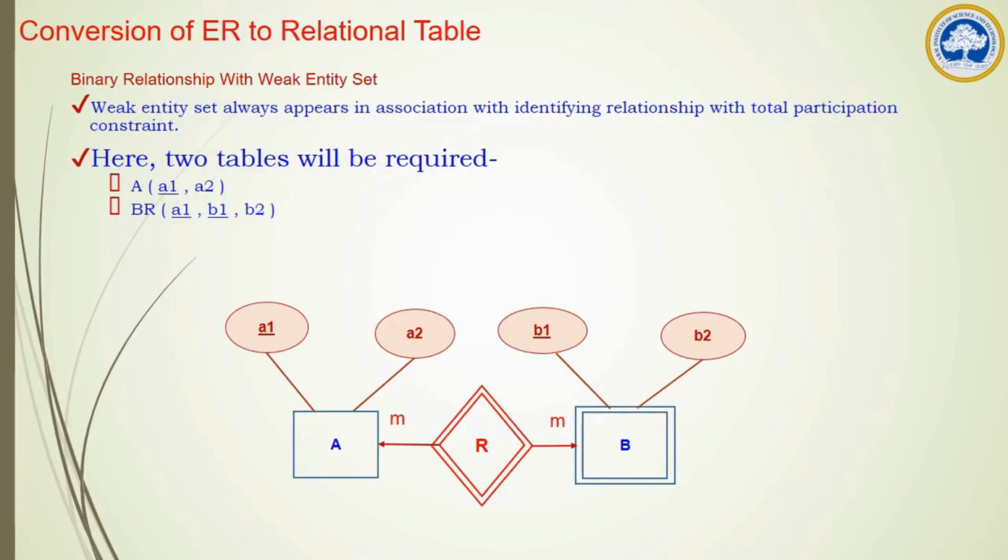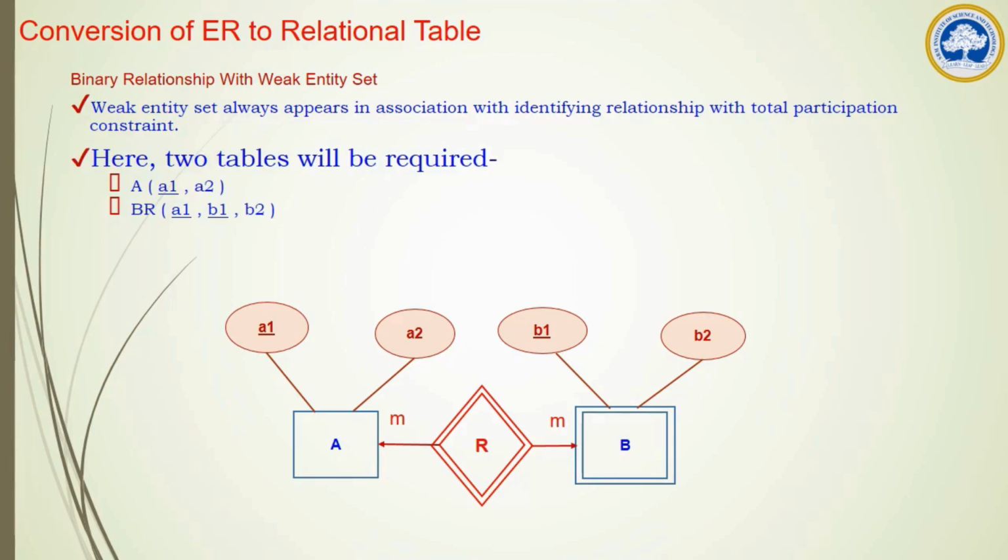Coming to the next type, the binary relationship with weak entity set. Here, the weak entity set always appears in association with an identifying relationship with total participation constraints. Here also two tables will be required.